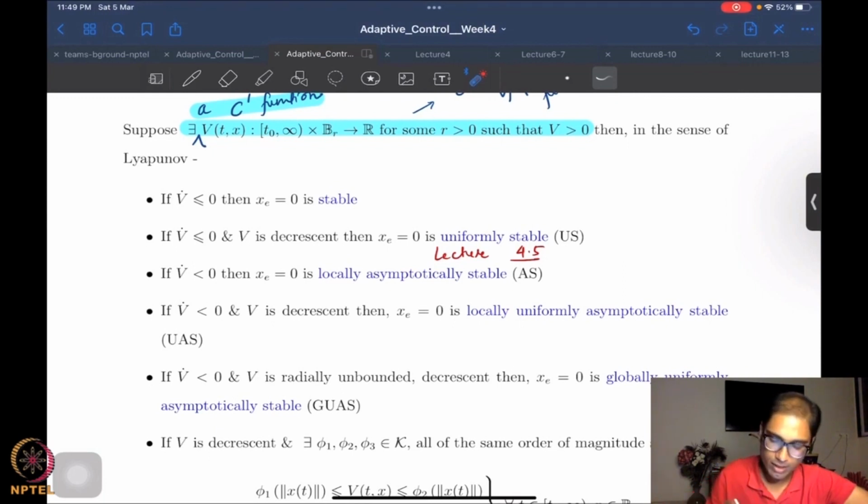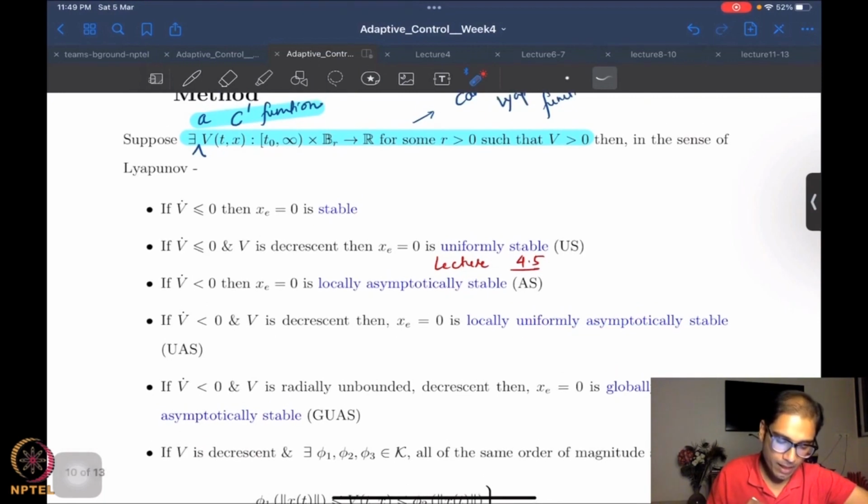The next two results are local asymptotic and local uniform asymptotic. So what do you require? Earlier we had only talked about semi-definiteness of V dot. Here we make it more stringent. So we have stronger and stronger properties as we go downwards in these bullet points.